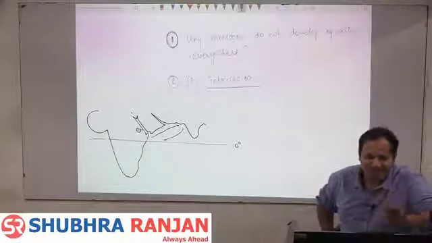Cloud burst is heavy rainfall. Sudden burst is sudden rainfall.